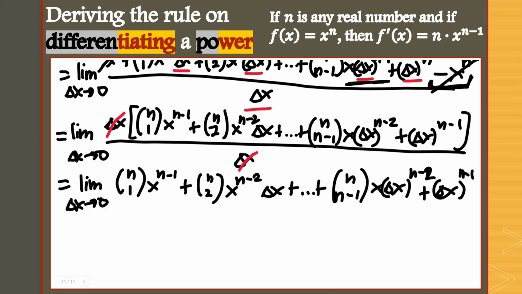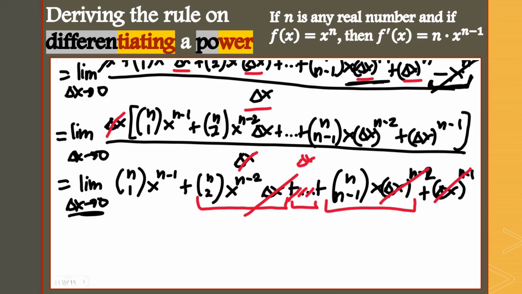Since there's no more delta x in the denominator, we can simply substitute this one. So this would become 0, hence this entire expression is 0. Other forms here will also have delta x's, so everything here will also be 0.